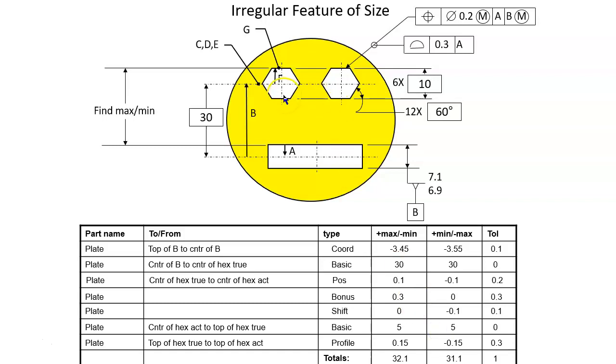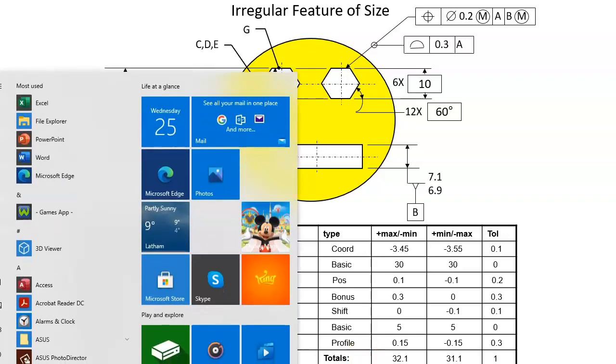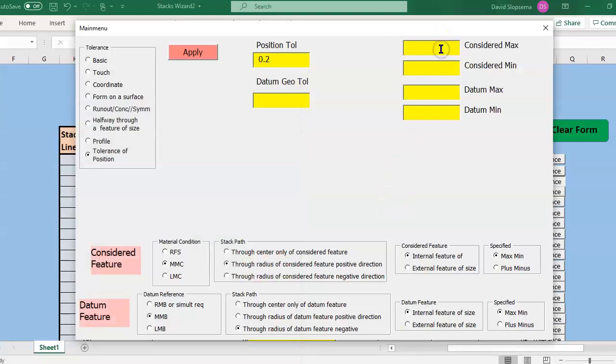Well, these hexagons, the max size would be the 10 basic dimension plus 0.3. The min size is going to be 10 minus 0.3. So 10.3 max and 9.7 min.